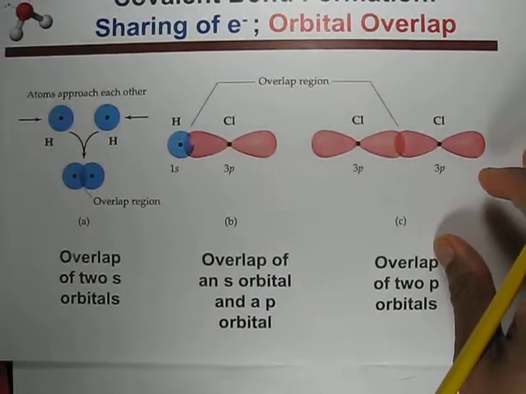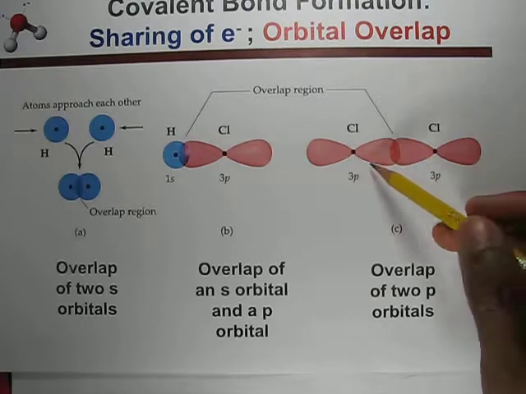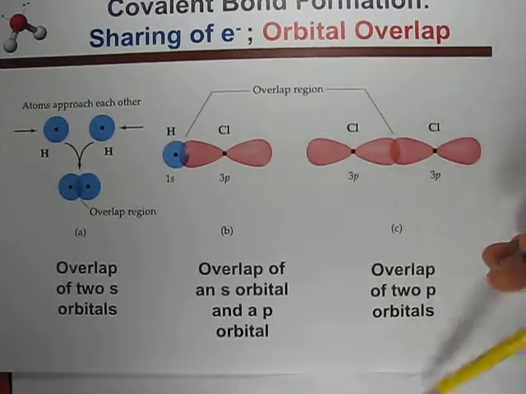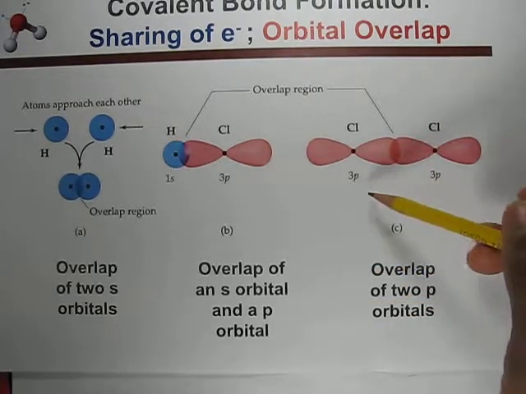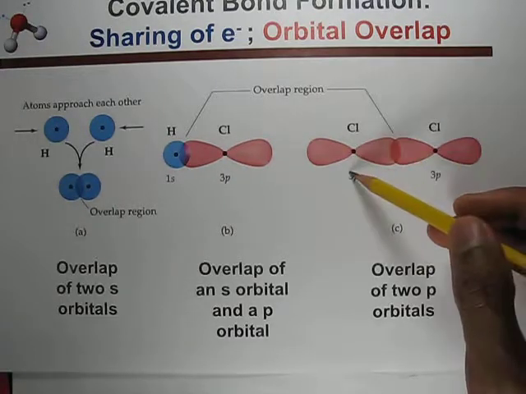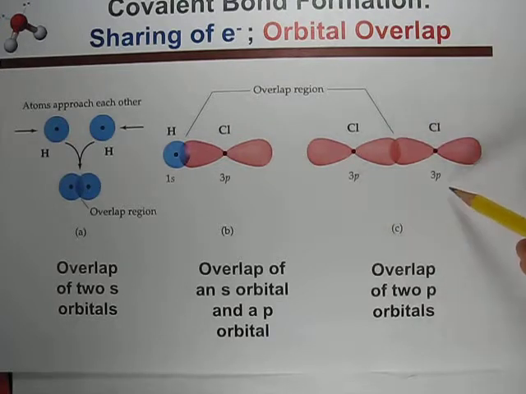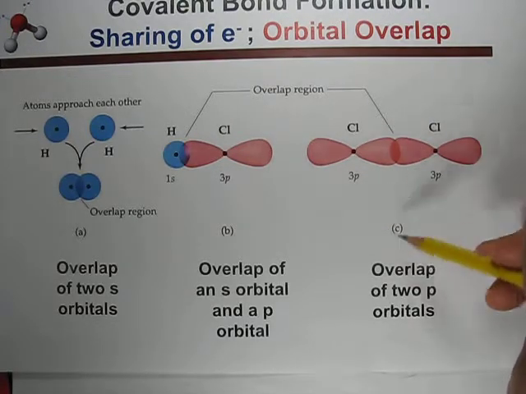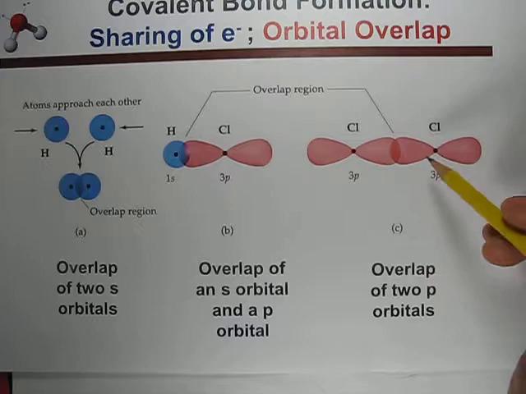When they overlap, they form a covalent bond. The third type of covalent bond is formed by the overlapping of two p orbitals, for example 3p and 3p. The electrons from the 3p and 3p orbitals, when they overlap, give pp orbital overlap.